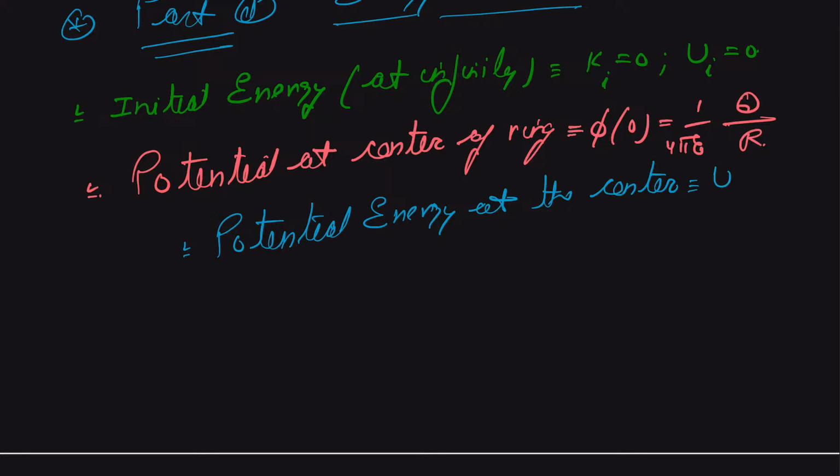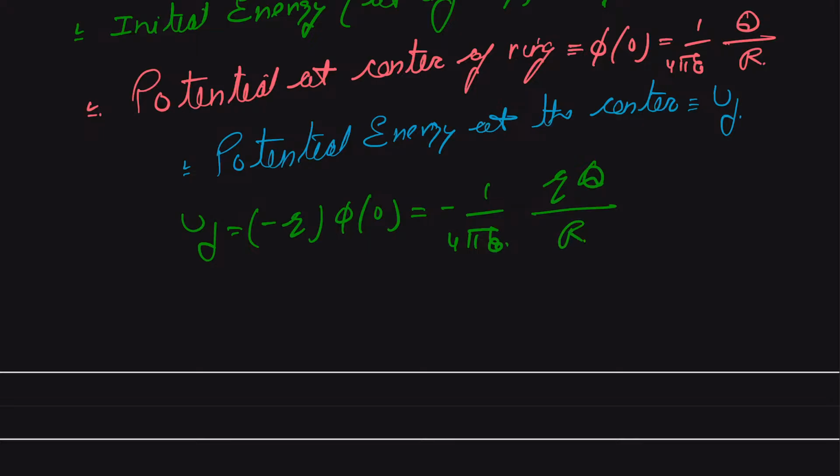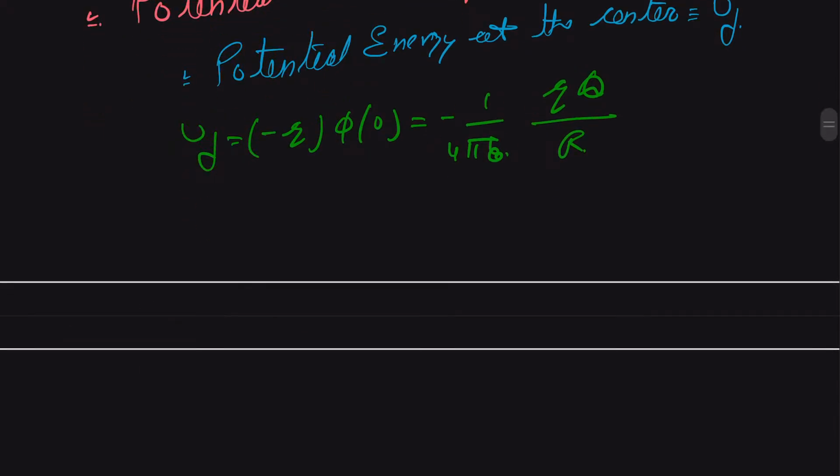Let us call this UF, and this UF will be equal to our charge, that is minus q, which is coming from infinity, times the potential at the center. So we get minus 1 upon 4 pi epsilon naught, q times capital Q, upon r. And from energy conservation, you can clearly see that the summation of the initial energy should be equal to the summation of the final energy.